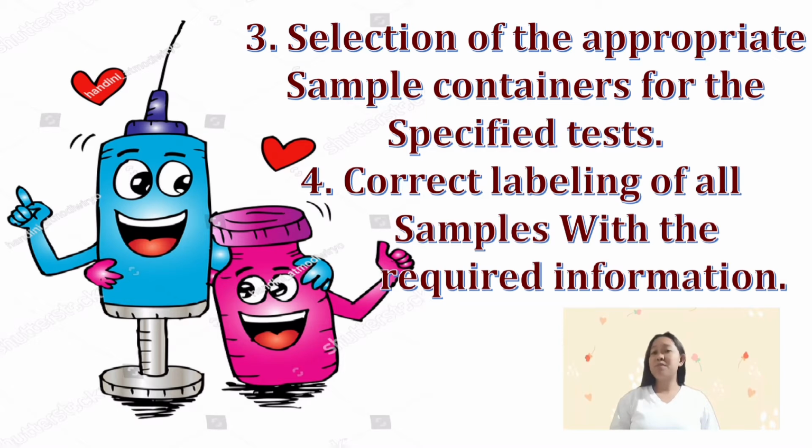So, this is because doon sa incorrect labeling na nangyari. So, maaari din itong magdulot ng incorrect diagnosis doon sa patient dahil doon sa incorrect labeling. So, kailangan talaga na i-consider natin o kailangan talaga na magkaroon si phlebotomist ng correct labeling para ma-avoid itong problema na ito.